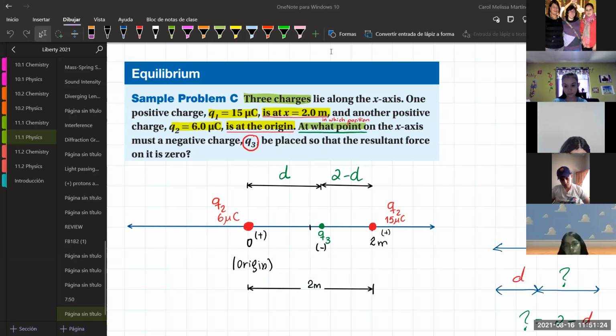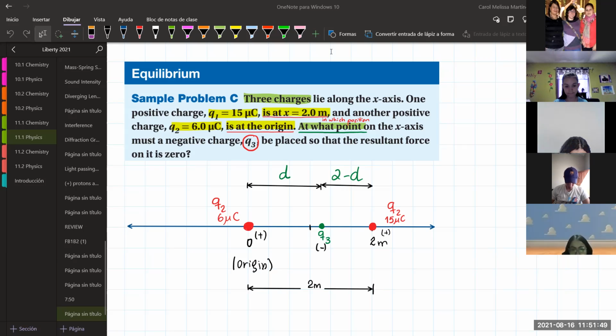Now, we're going to focus in this moment on the kind of forces that we have between the charges. Okay, so I have Q3 right here.